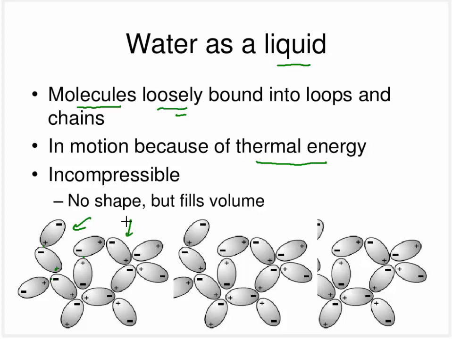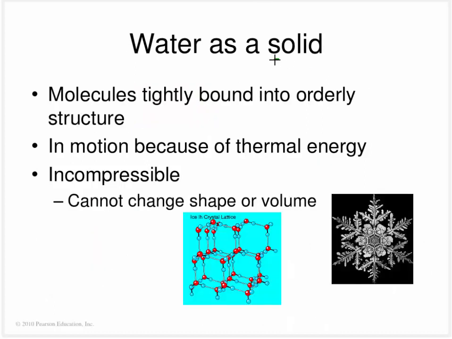But this guy can slide around, and they are also in motion. That allows it to not have a definite shape, but it's going to fill a volume. You can't really compress water very easily. Keep in mind, loosely bound to other molecules means that there's some energy inside of those chemical bonds.